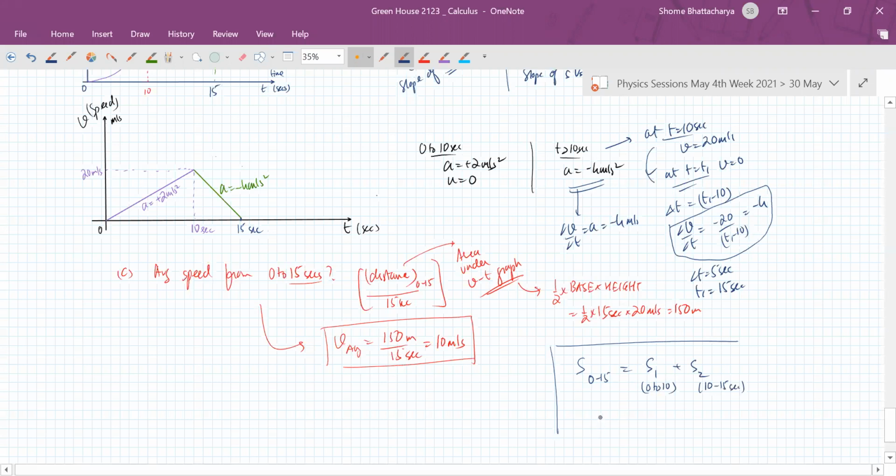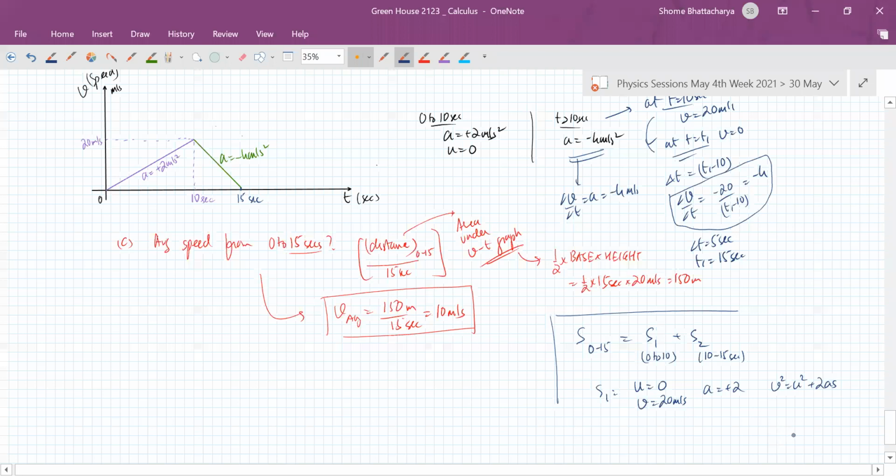For S1, the initial velocity was 0, the final velocity is 20 meters per second, and the acceleration is plus 2. Using V square equals U square plus 2AS, S1 is 20 square divided by 2 into 2, so 20 square divided by 4, that's 100 meters.